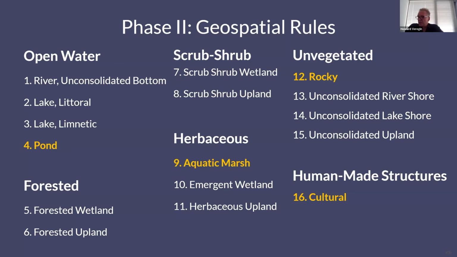Another huge area of discussion and debate was the cultural class. Our map coming out of UNET very successfully identified what you might call impervious or very obviously human-made structures of the landscape, whether that is parking lots or roads or buildings, houses, factories, etc. Those are clearly identified.